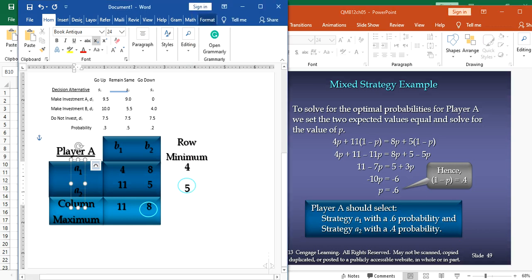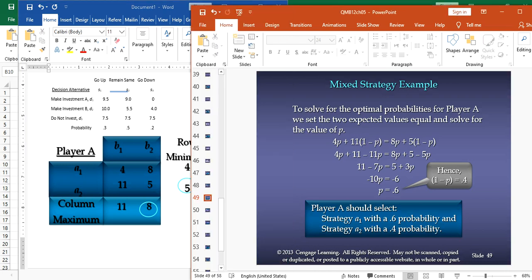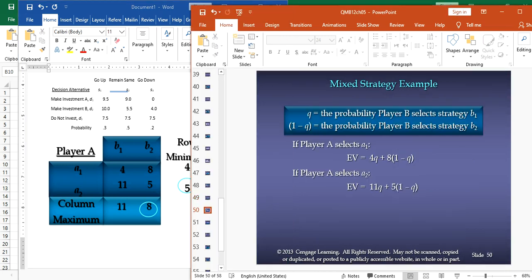So it's a 60% probability to select this strategy for player A, and 40% probability for player A to pursue strategy A2. So it's better to pursue A1 actually, 60% strategy probability over here.